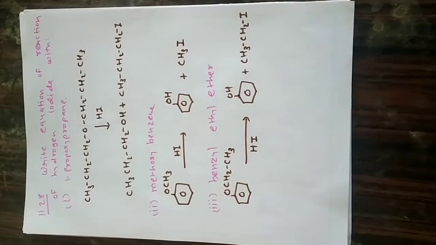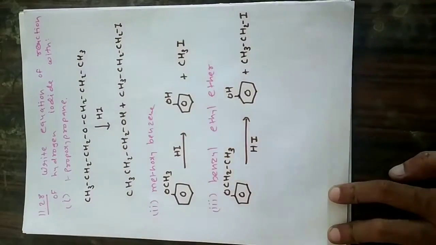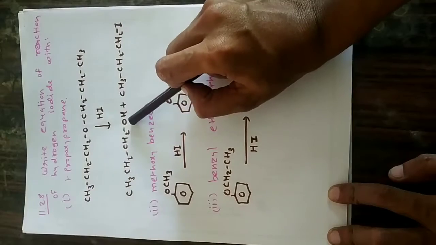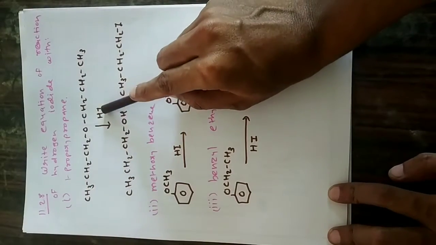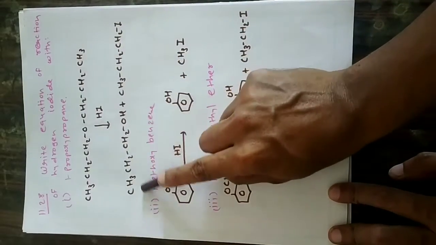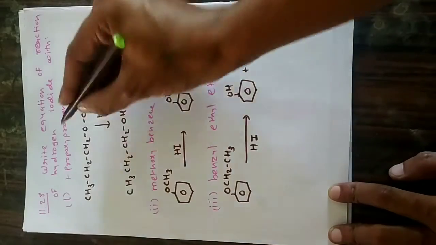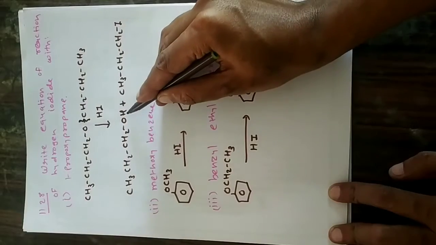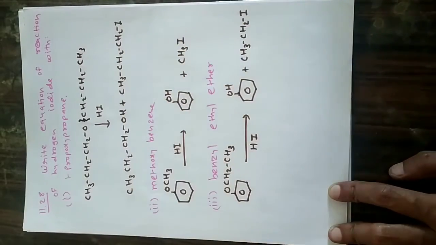Here both chains are similar, 3 carbon chains. So you can attach hydrogen on whichever side and the iodide group on whichever side. We will get alcohol as one product, just by breaking this bond, and alkyl halide as the other product.